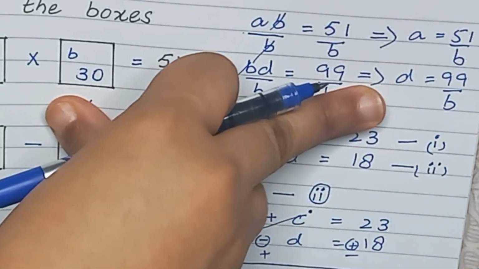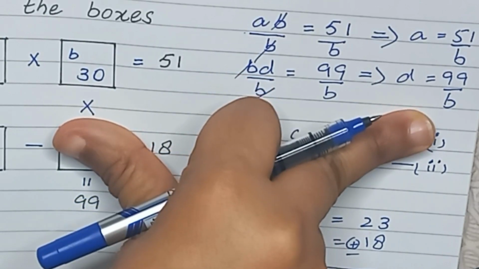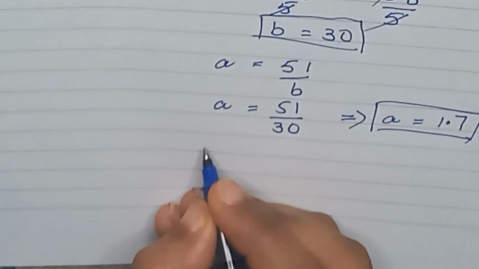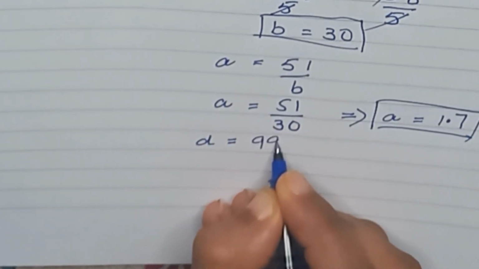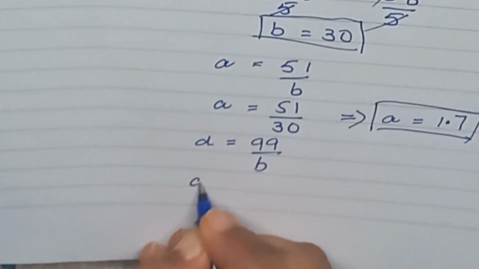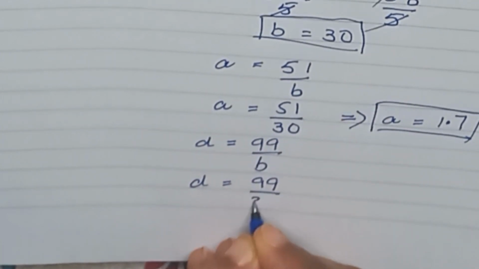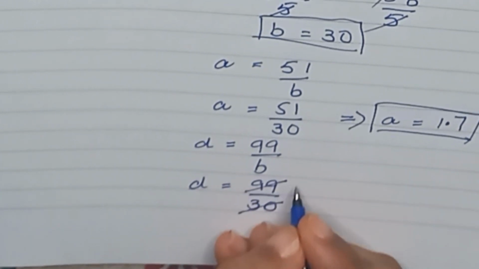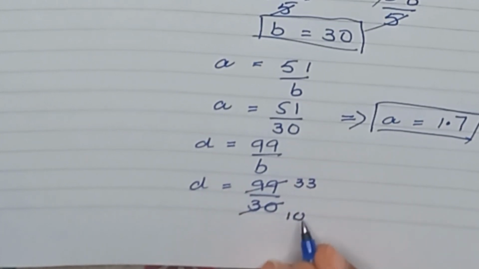Similarly, we will find the value of D because we have already the value of B. So we will substitute here the value of B and get the value of D. So D is equal to 99 divided by B. So it will become 99 divided by 30, since the value of B is 30.